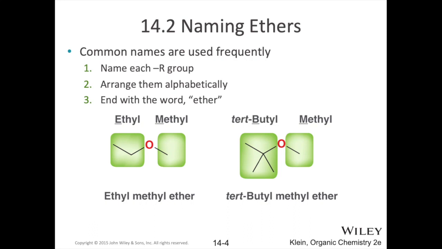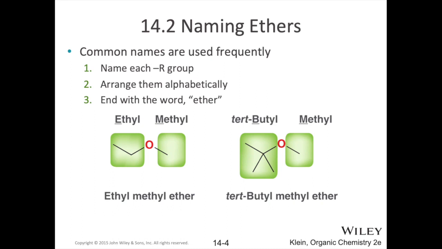Let's talk about nomenclature for these. You've probably come across ethers that use just the common names. Now, because an ether always has two alkyl groups attached to the oxygen, the common naming system is relatively straightforward. You just name each alkyl group alphabetically and end with the word ether.